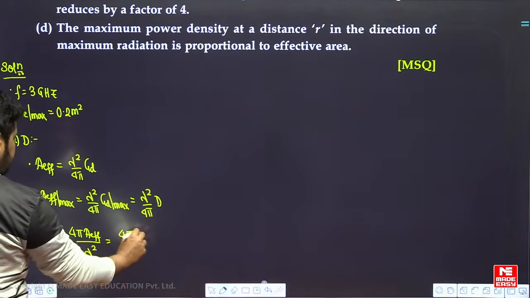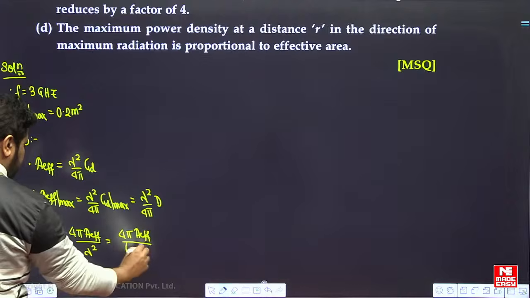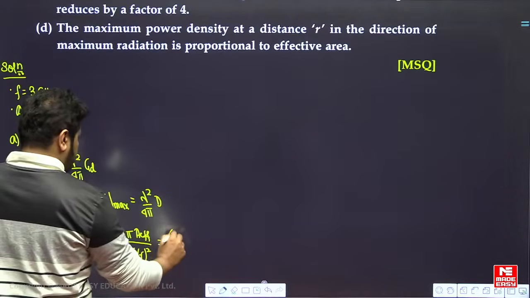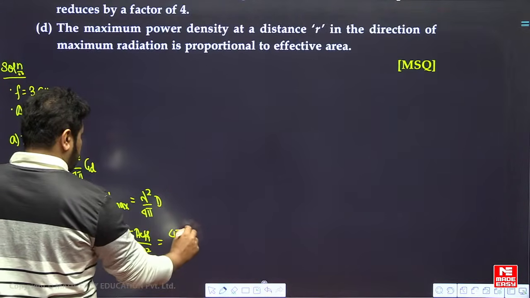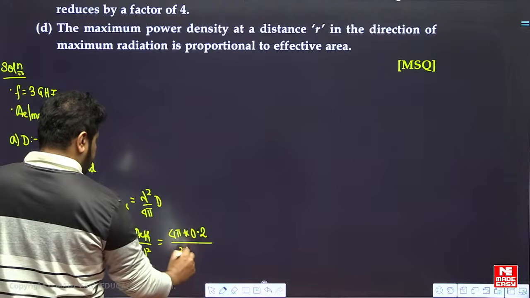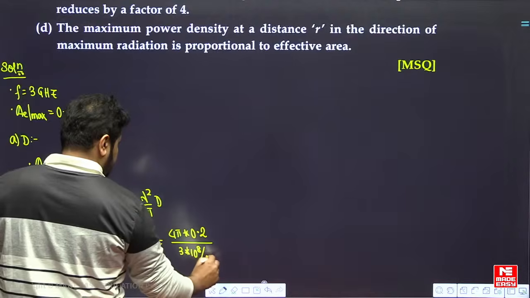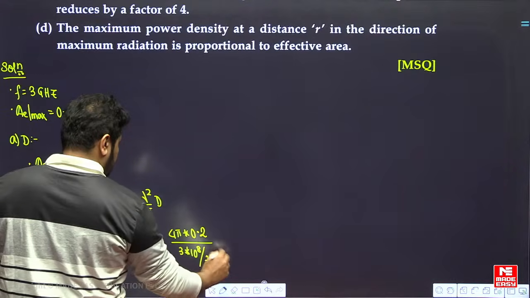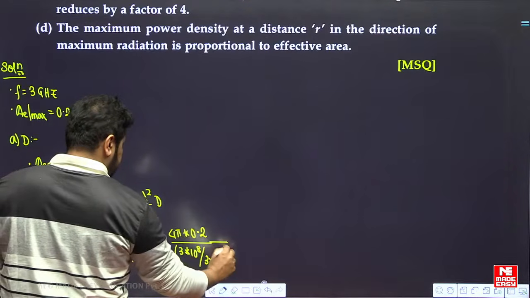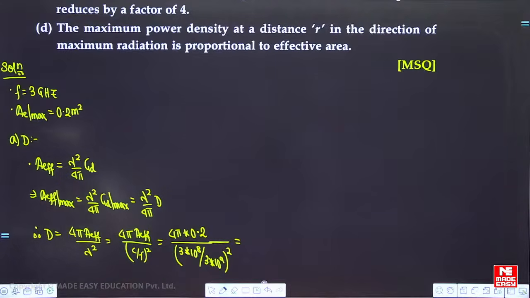Now, since radiation is happening in free space, lambda is C upon F, whole square, right. So, this is 4 pi, effective area is 0.2, and C upon F is 3 into 10 to the power 8 divided by frequency of operation 3 gigahertz, 3 into 10 to the power 9, whole square. So let us calculate this value.